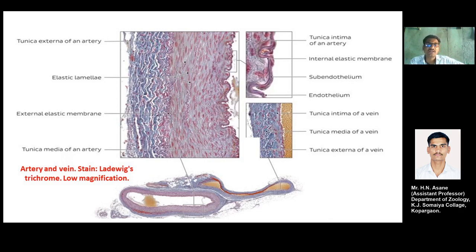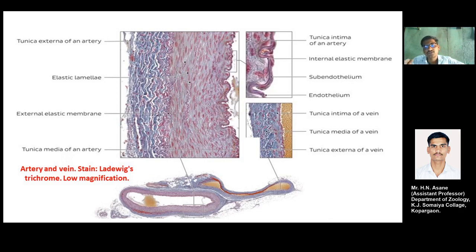The tunica intima of an artery is magnified, and you can see the internal elastic membrane here with the subendothelium, then the endothelium. These are the layers of the tunica intima. Then you will see the tunica intima of the vein. This will be the comparison between these two.